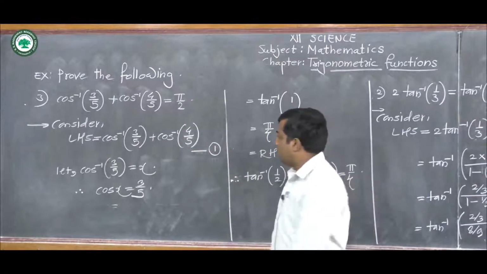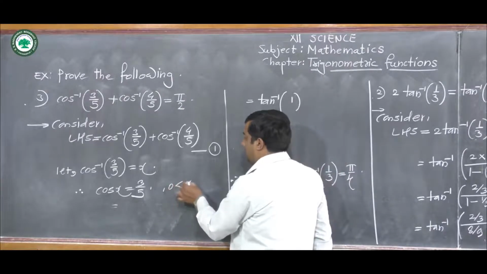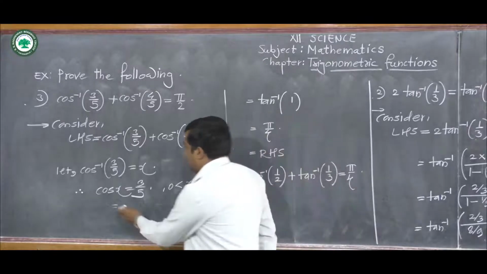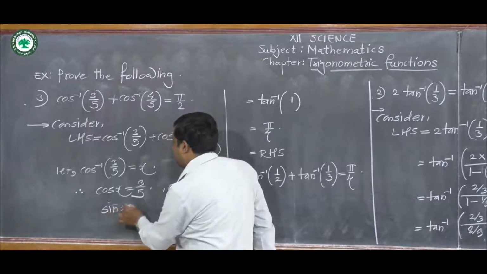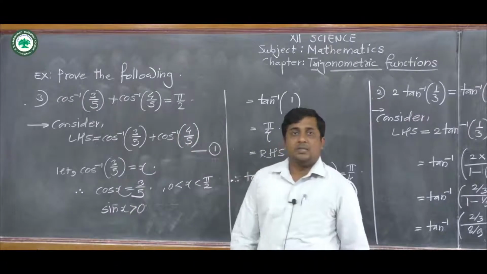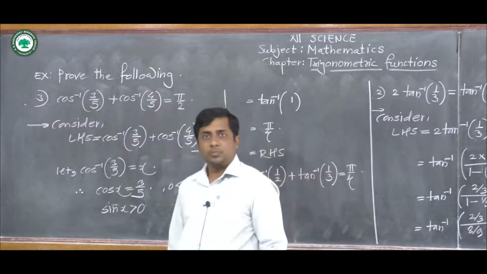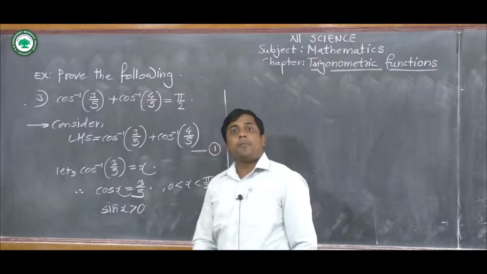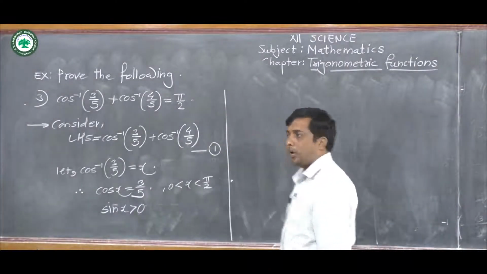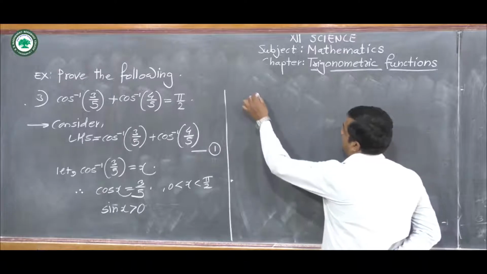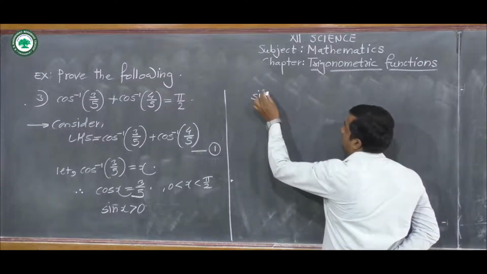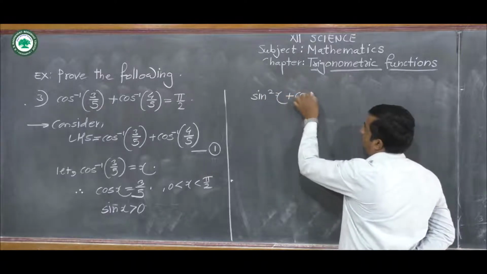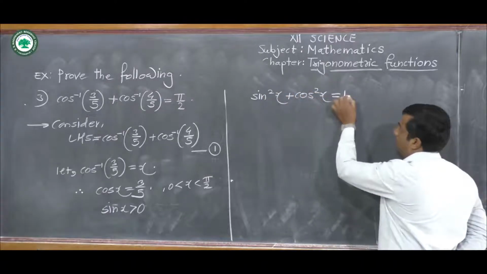Here we know x lies between 0 and pi by 2. So sin x is greater than 0, that is, sin x is positive. Let's find sin x by using our first fundamental identity: sin square x plus cos square x is equal to 1.